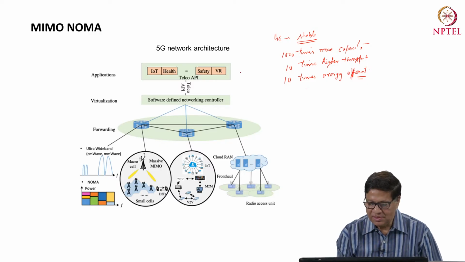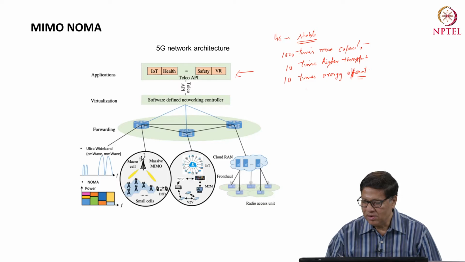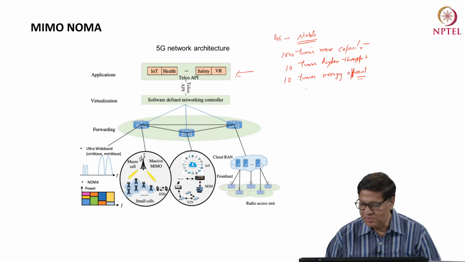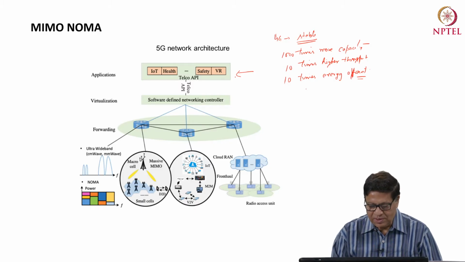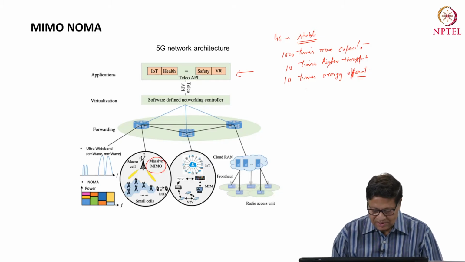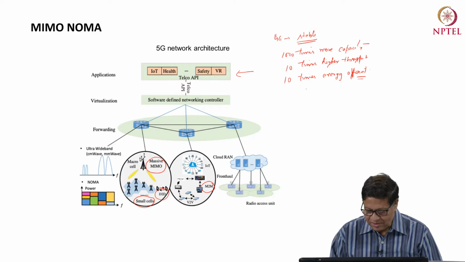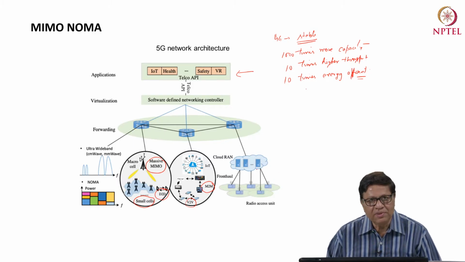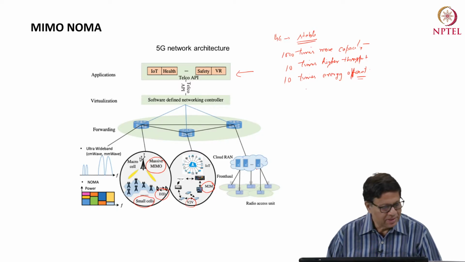So these are the applications, and features like 1,000 times more capacity, 10 times higher throughput, 10 times energy efficiency will use software defined networking, massive MIMO devices, device to device communication, very small cells, machine to machine applications, vehicular to vehicular applications, and also cloud RAN. So these are the technologies which are being used in 5G.